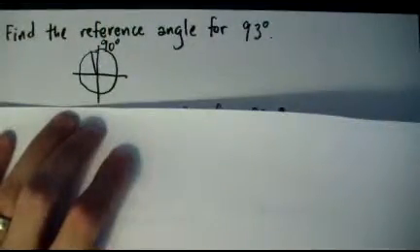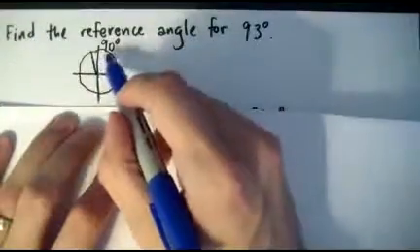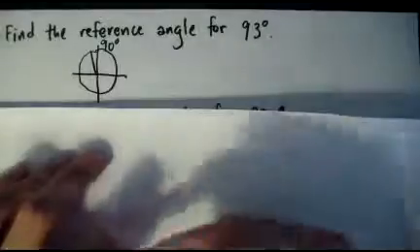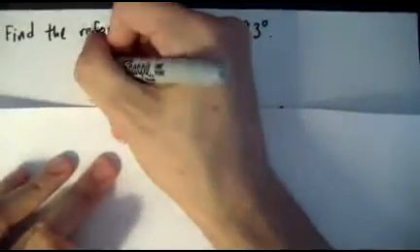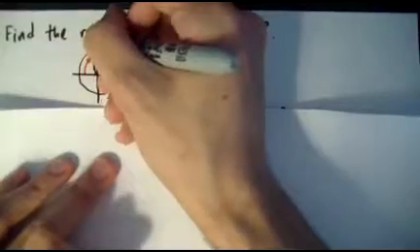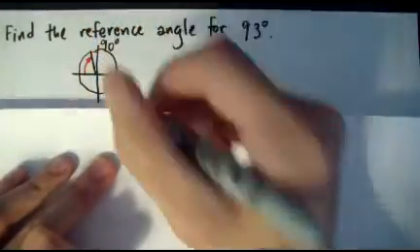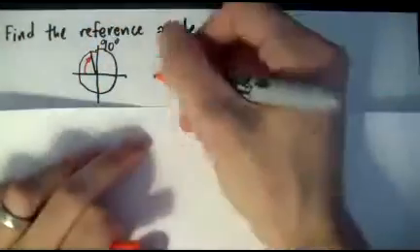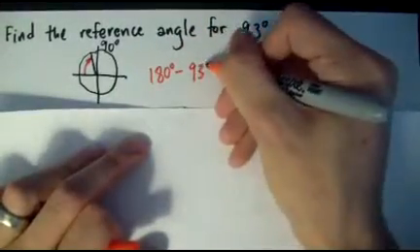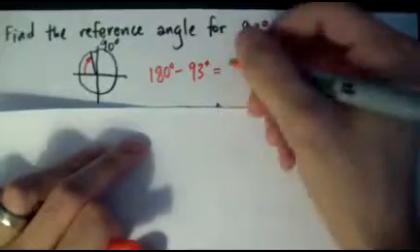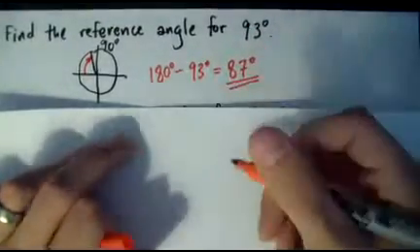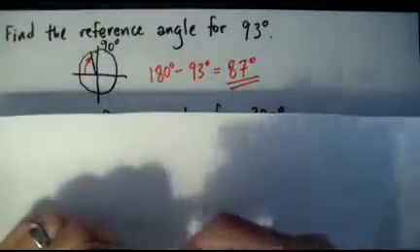Even though we're just a little past 90 degrees, the reference angle will still be the acute angle coming up to our angle. Since 93 is over here, it's going to be 180 degrees minus 93 degrees, which is 87 degrees. So that's our reference angle for 93 degrees.